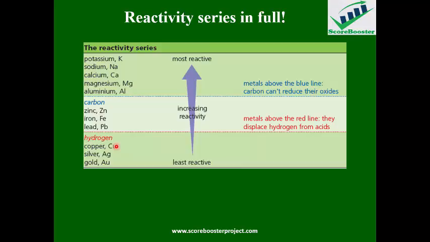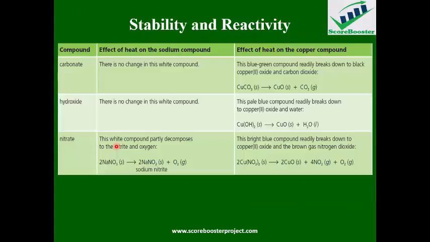You can see that they are clearly different on the reactivity series. So now, if you heat sodium carbonate, what is going to be the effect? There's no change, because we said a very reactive element forms a stable compound. They are not affected by it, but there's going to be decomposition here because they are not that stable.